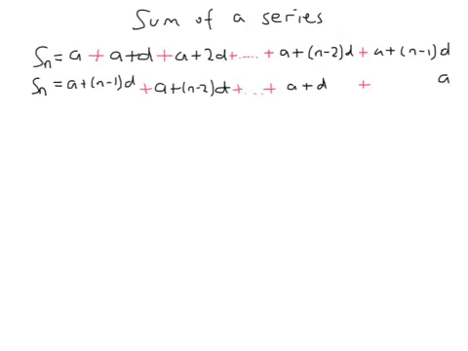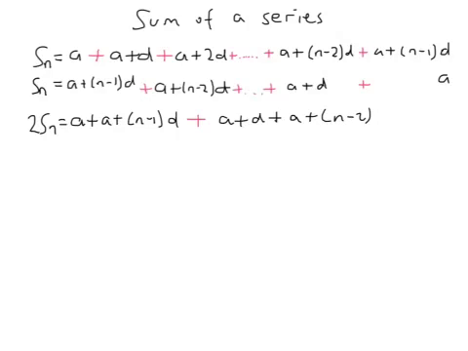And now what I can do is add up those two equations. So I'm going to add the whole of that row to the whole of that row. So Sn plus Sn, that's 2Sn. Then I've got A plus A plus (n minus 1)D. And then I've got A plus D plus A plus (n minus 2)D. Just check what I'm doing.